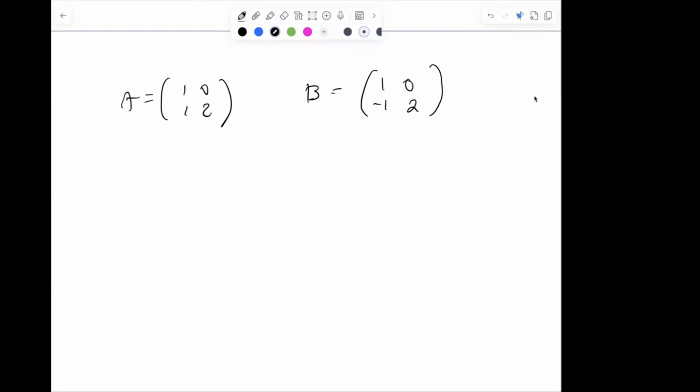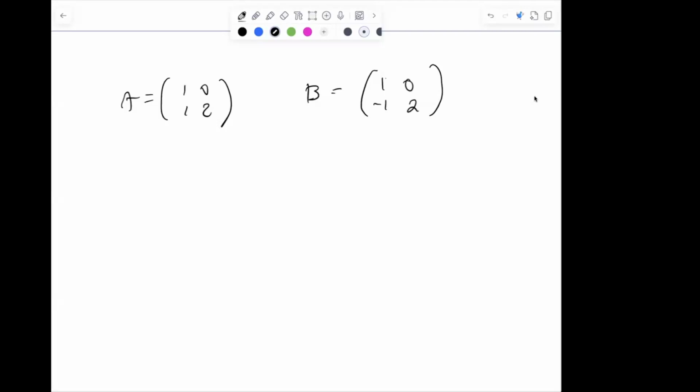The way to multiply is to take, in matrix A, we have two rows, right? We have one row, which is 1, 0, and the other one, which is 1, 2. In matrix B, we have two columns. So in matrix B, I'm looking at the columns. In matrix A, I'm looking at the rows. In matrix B, we have one column, which is 1 and minus 1, and the other one is 0 and 2.